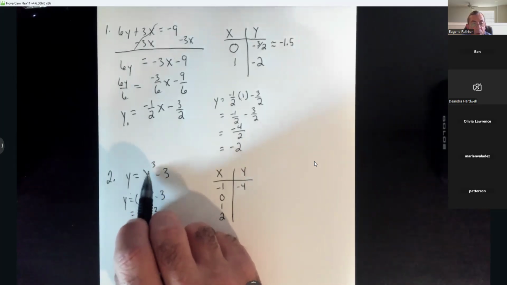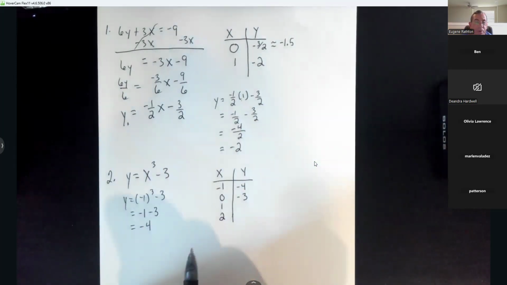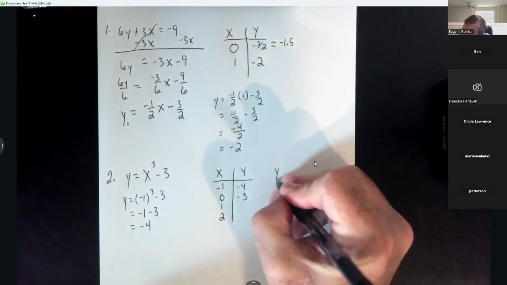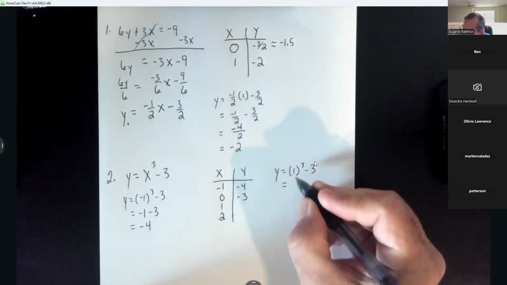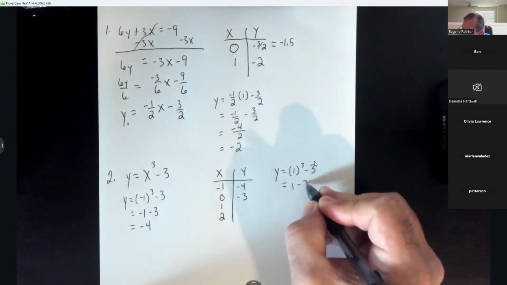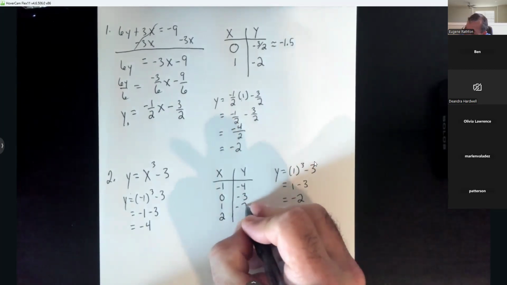So that gives me 0 minus 3, which is -3. If you put a 1 in here, you'll have y equals 1 cubed minus 3. Well, 1 times 1 times 1 is 1. And then 1 minus 3 is a -2.